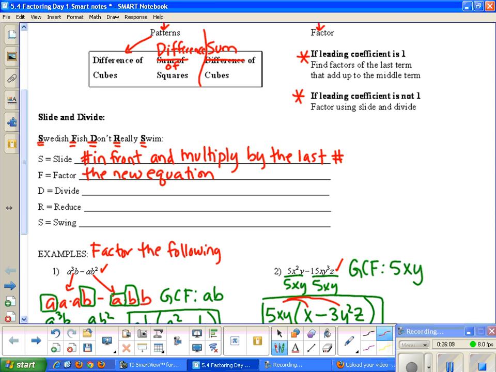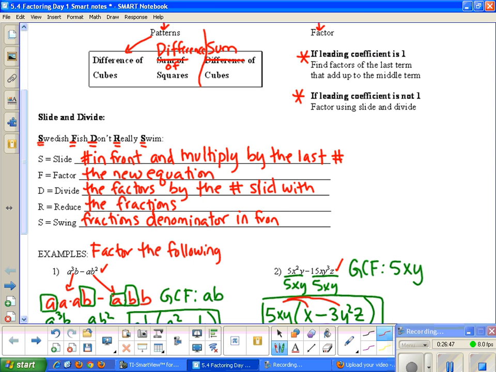D stands for divide, so divide the factors by the number split with in the beginning. R, reduce the fractions. And S, swing fractions denominator in front of the variable.